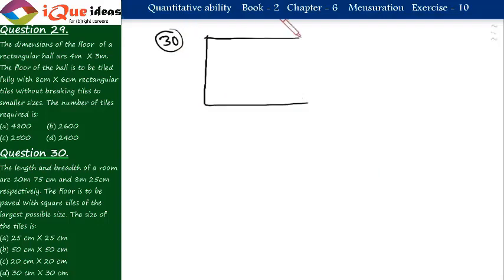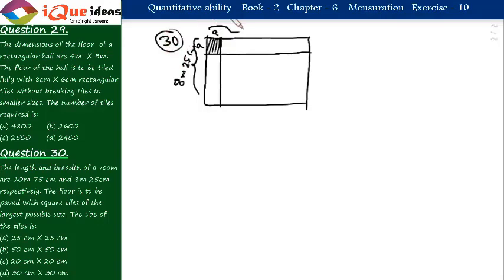Now here what we need to do is divide the whole floor into smaller parts, right? Like this. So the shaded portion is one tile, and it has to be the largest tile. Now if I assume the tile is square, so this length and this length, let's say both are A. Now the width of the room was given as 8 meter 25 centimeter, and the total length is given as 10 meters 75 centimeters.